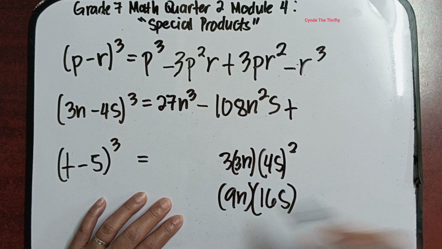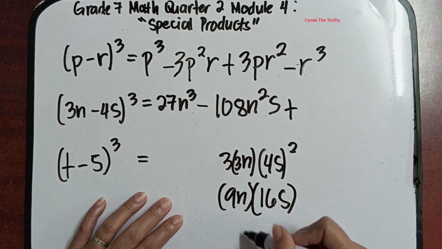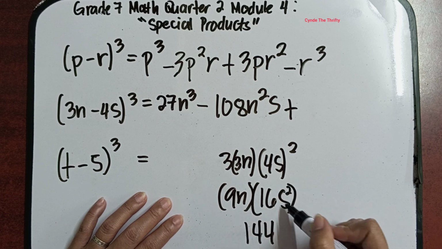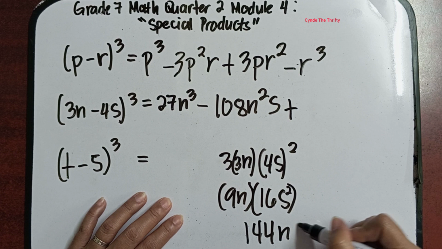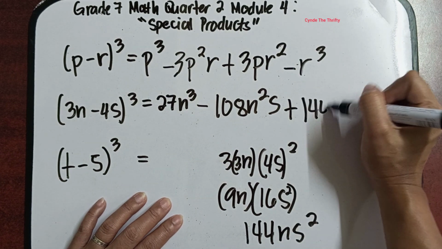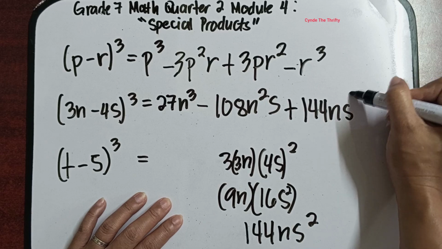So, ngayon i-multiply na natin si 9 at 16. So, 9 times 16 is equal to 144, n s squared. So, ito na yung third term natin, 144 n s squared.